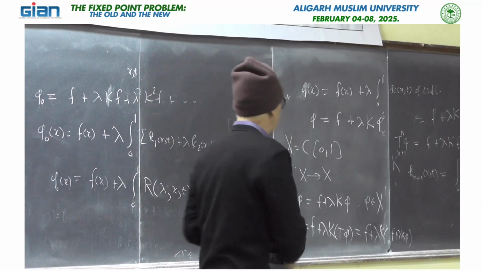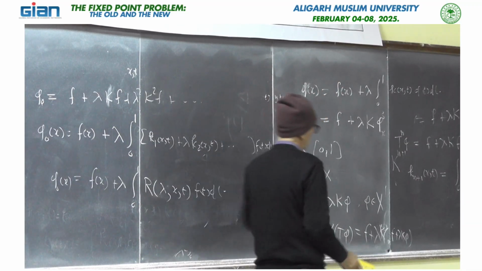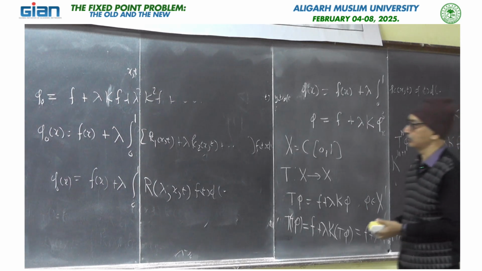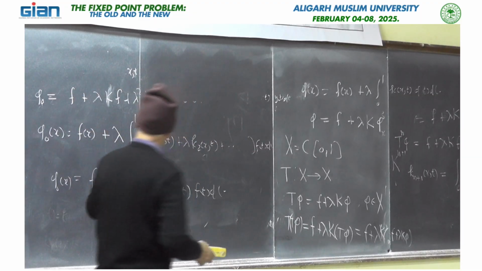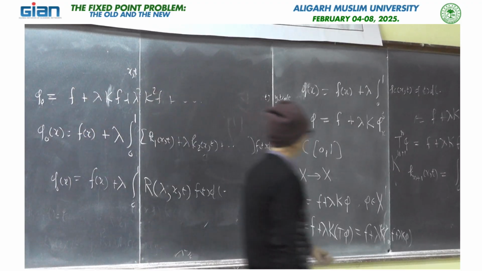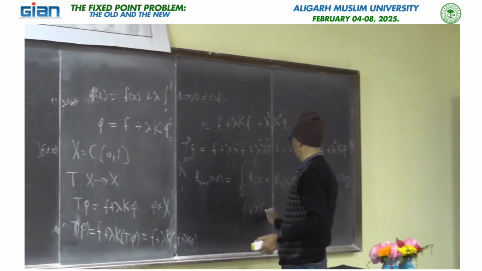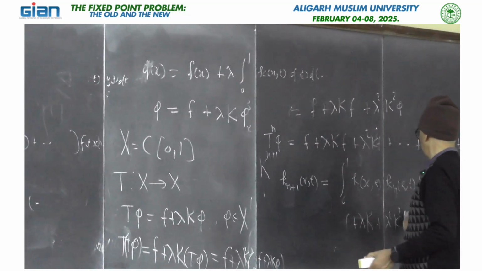So let's look at when it is going to be a contraction, at least in the Fredholm case, and then we will see that in the Volterra case it is much simpler. There are no restrictions on lambda as such. Here, for a small lambda this series will converge. The series is f plus lambda K f plus lambda square K square f and so on.